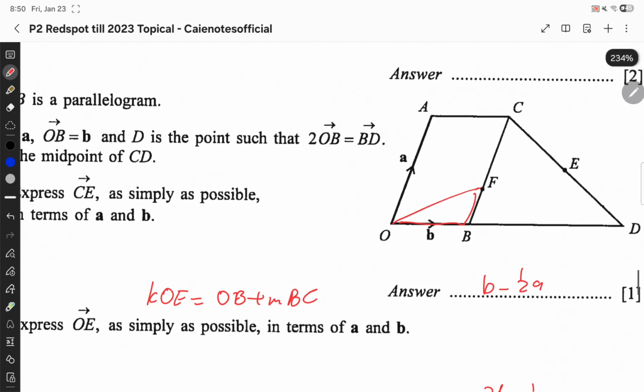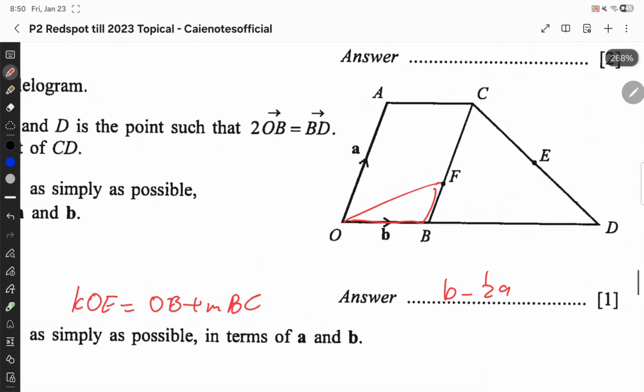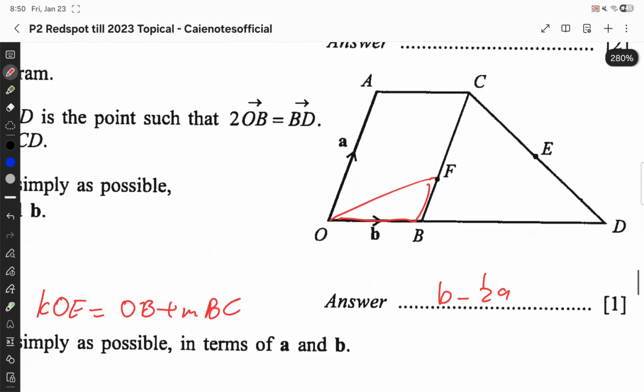So let's have a recap. When we want to find the position vector of some point, and we need to use scaling vectors, parallel vectors, to do so, how do you do it? Well, one, it will always have one vector which is parallel to it immediately.